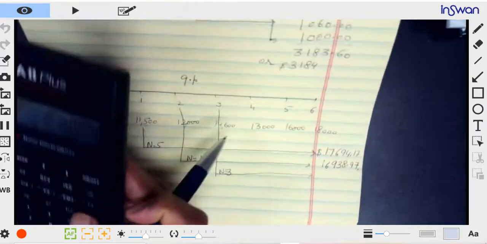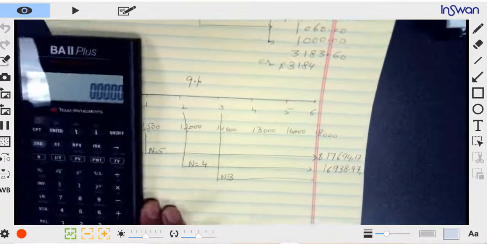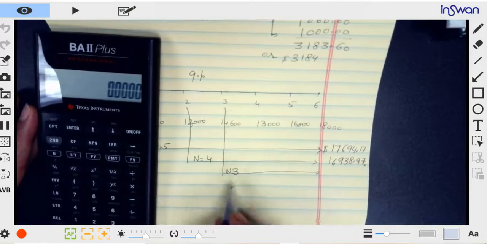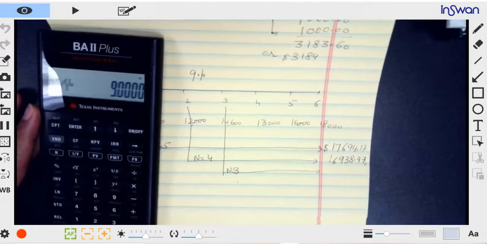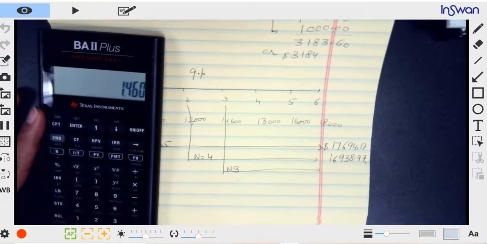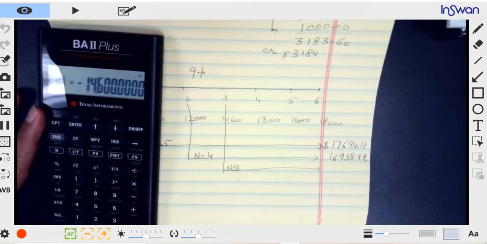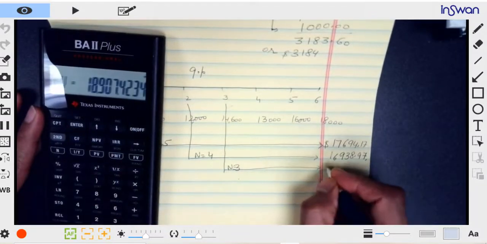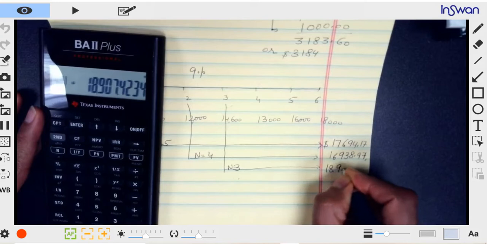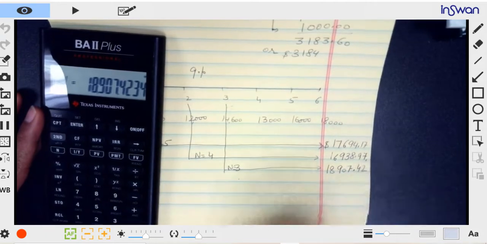So 3 is the value of n. 9% interest rate. Present value is $14,600. 0 is the payment. Compute future value, which is 18,907.42.